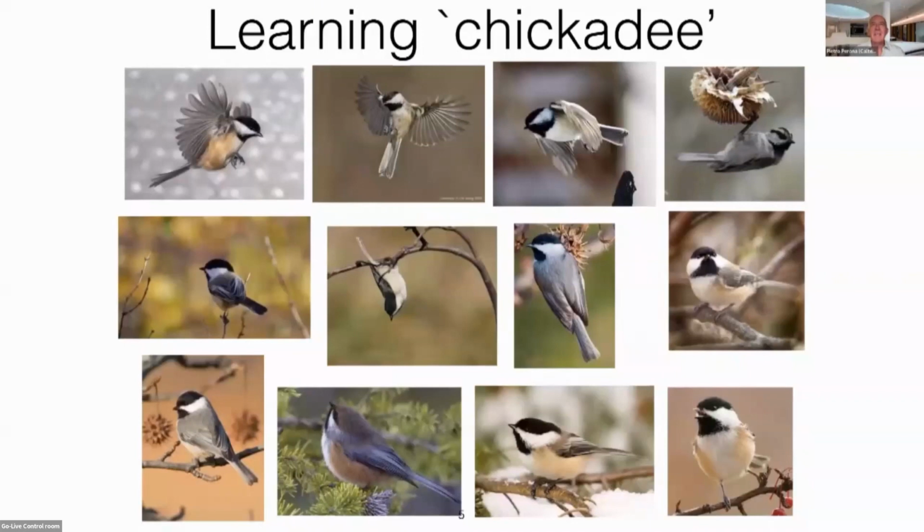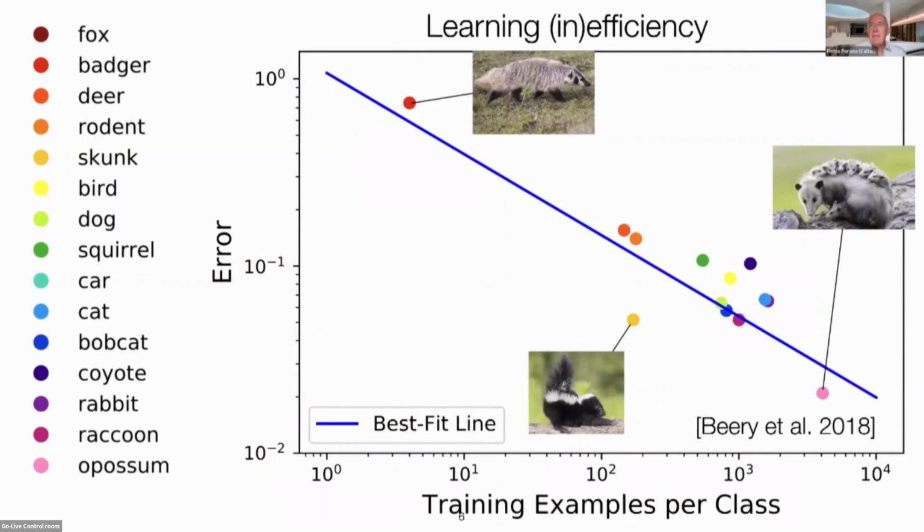And the impression is that current deep networks need instead to learn by rote, and these are examples of chickadees, and they're in many different poses, and unless the algorithm sees the chickadee in all the possible poses, then it's in trouble. And now we see this in our experiments, and so here we go back to the experiments of Sara Beery in her 2018 ECCV paper.